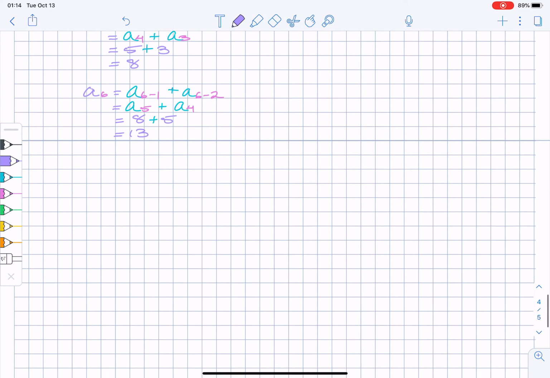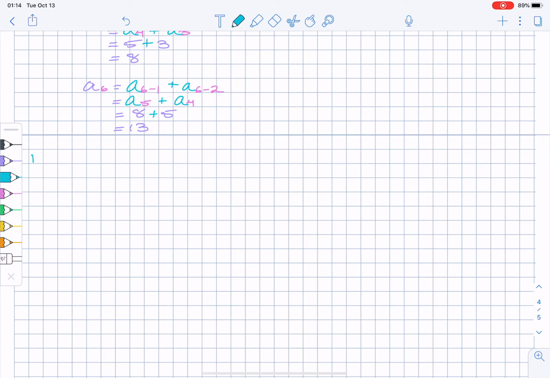Okay, so definition. So n factorial, that's what we're defining.